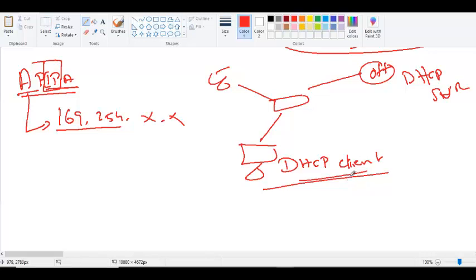It generates automatically and informs the user that I'm helpless. I don't see any server. I need your help now. That's the message. If you find 169.254, it means you don't have an active server. Let me quickly show you that.